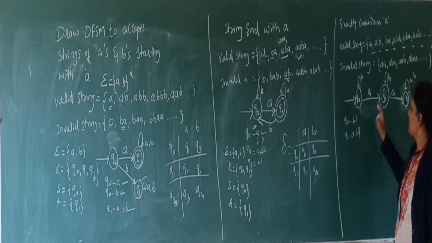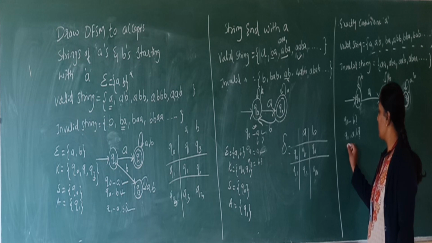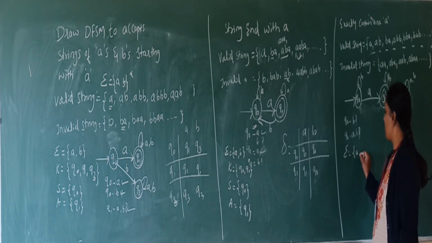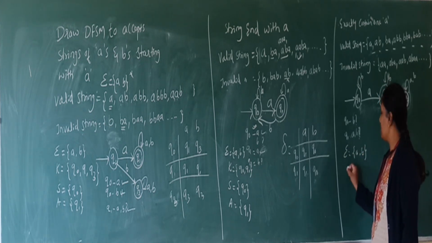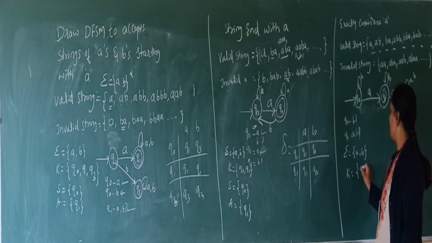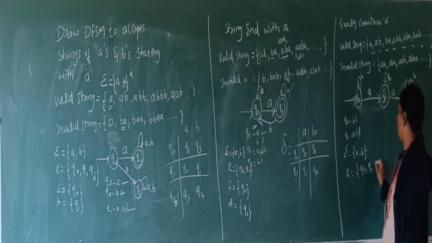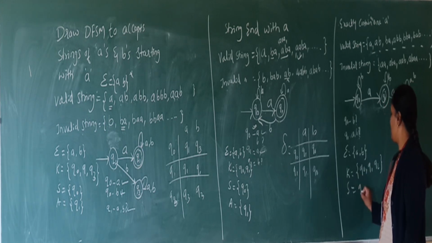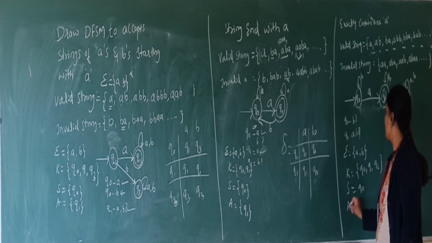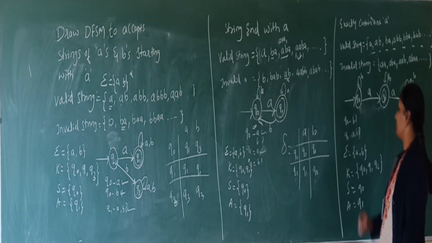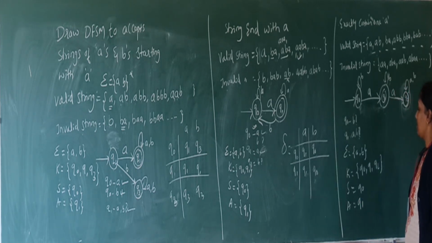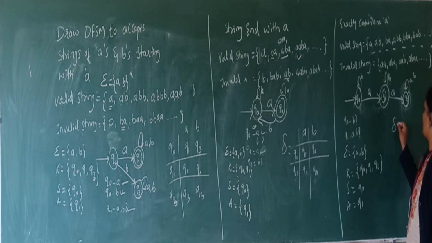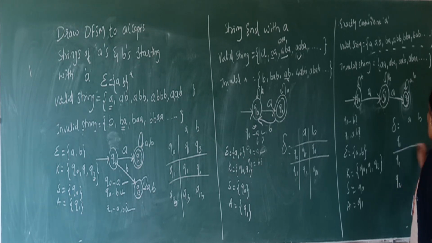Okay. Next, you write all 5 tuples. Sigma equals {A, B}. Next, states are Q0, Q1, Q2. After that, the start state is Q0. Next, the accepting state is Q1. Next, the transition function: here, Q0, Q1, Q2.